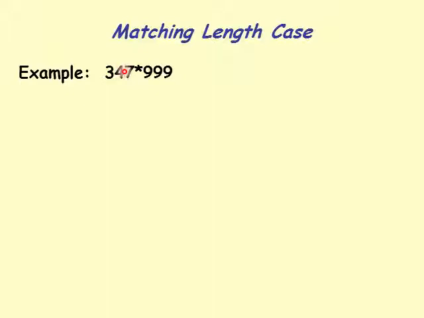Example is 347 times 999. Multiplicand is 347, multiplier is 999. There are 3 digits in the multiplicand and 3 in the multiplier. So we complete 1000 from here, and replace 999 by parentheses 1000 minus 1.